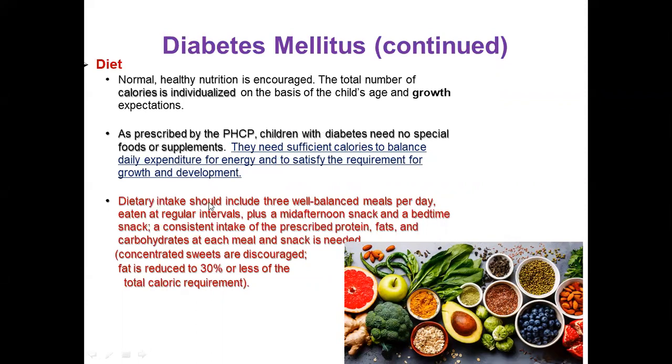Dietary intake should include 3 well-balanced meals per day eaten at regular intervals, plus a mid-afternoon snack and a bedtime snack, and constant intake of prescribed protein, fat, and carbohydrate at each meal. So a complete food is needed.